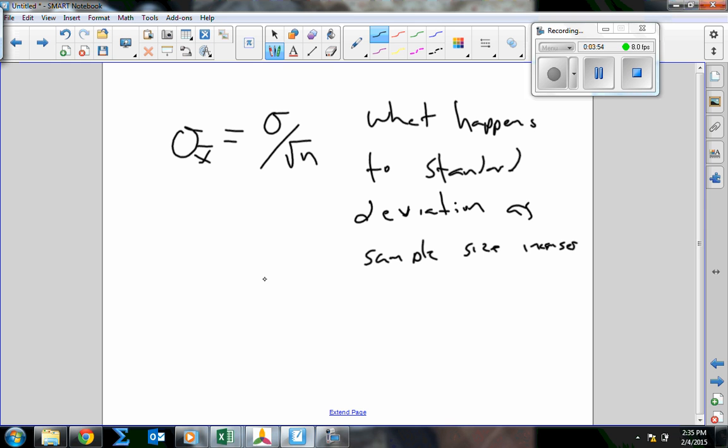Well, by knowing the formula, you can see that these are inversely proportional. That is, as this guy goes up, this guy goes down. Same thing if you were looking at sigma sub p hat. So that's another reason why it's important to know the formulas.